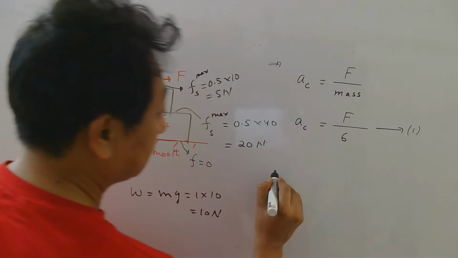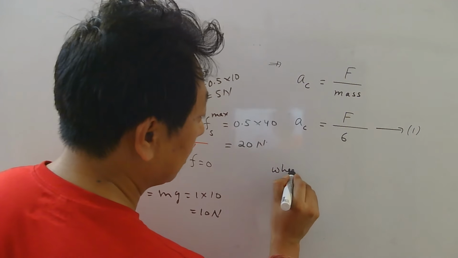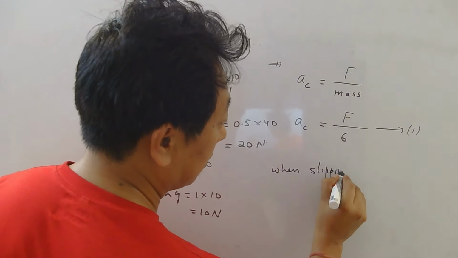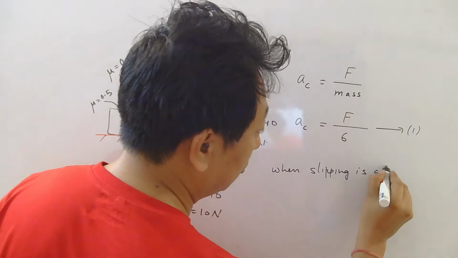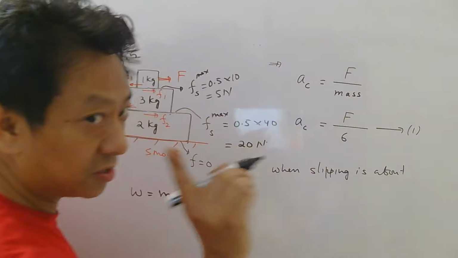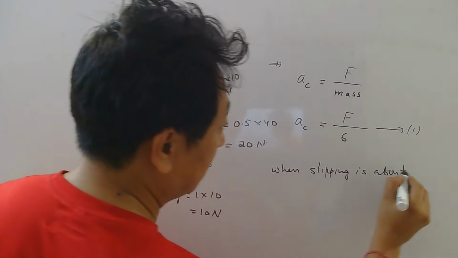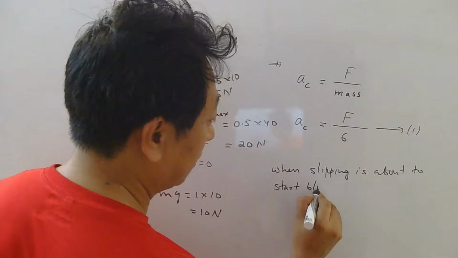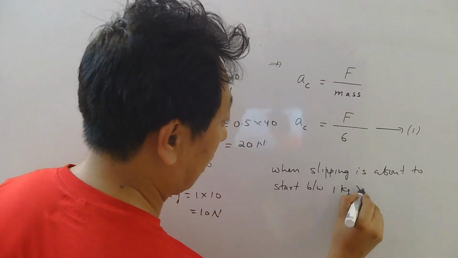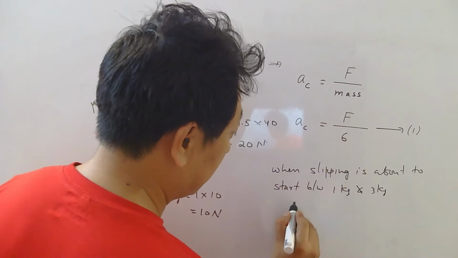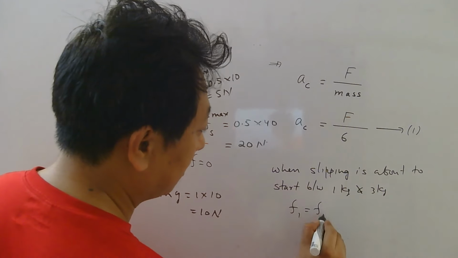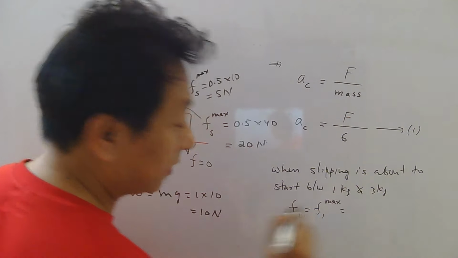So now when slipping is about to start, not still started, okay, it has not started, about to start, between 1 kg and 3 kg, the friction between them, which is F1, will reach its max value, correct?